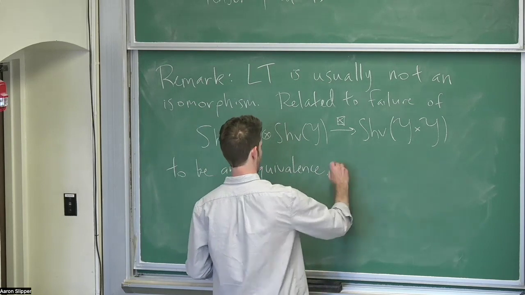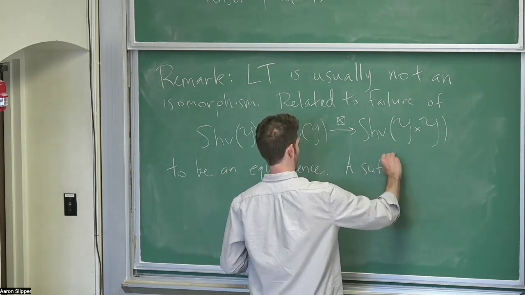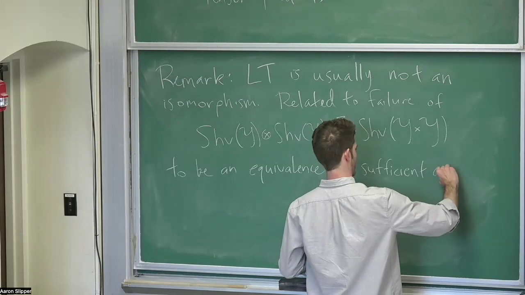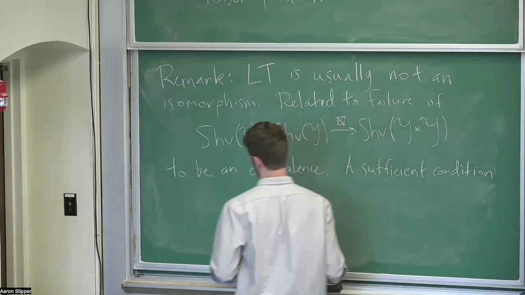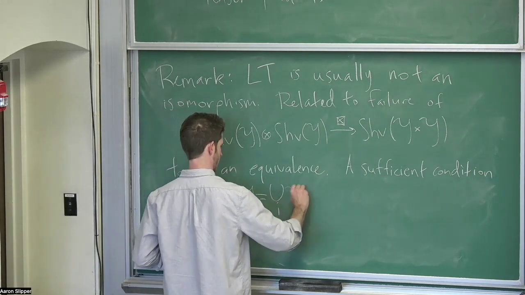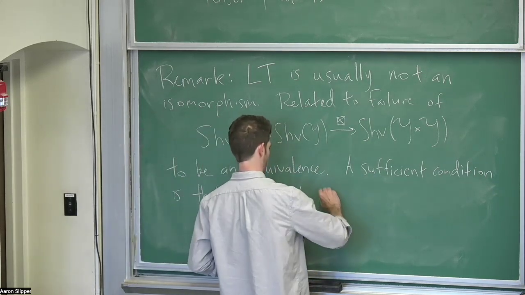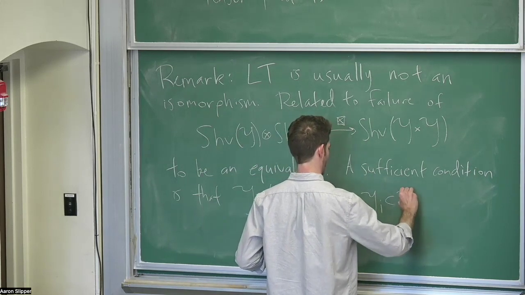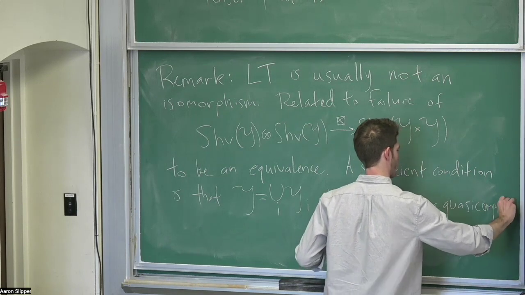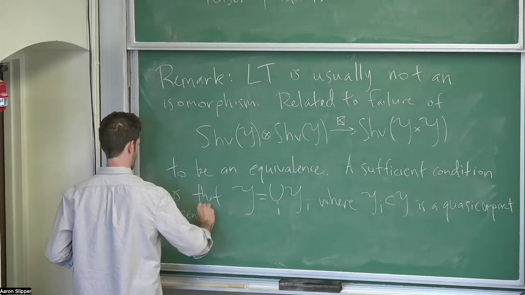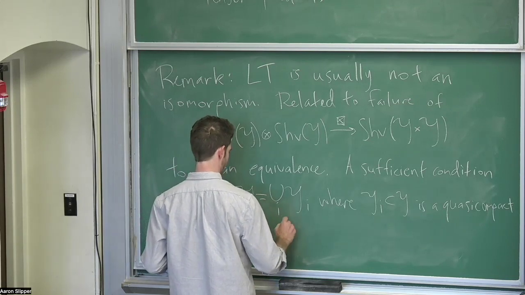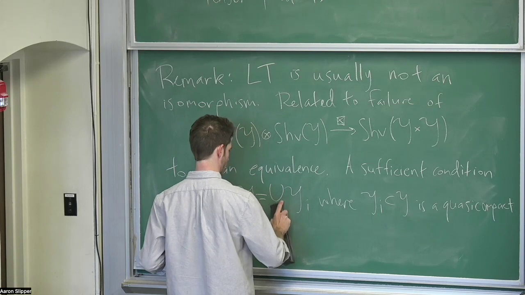Okay, and a sufficient condition for both this map to be an equivalence and for local term to be an isomorphism is that we could write this Y as a filtered union of quasi-compact things Yi. I'm being a little bit sloppy here with the Frobenius.